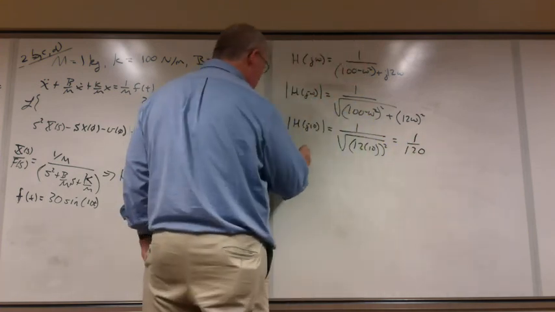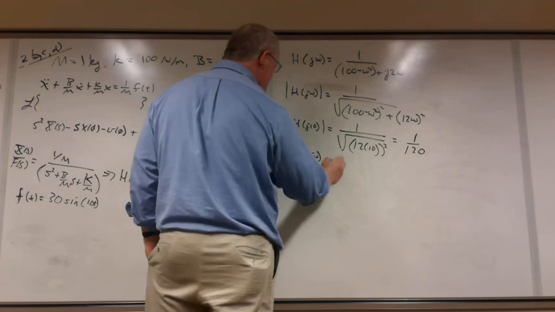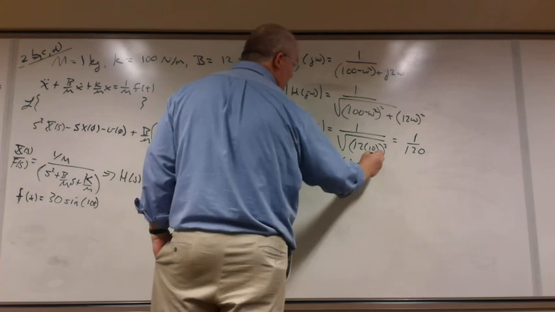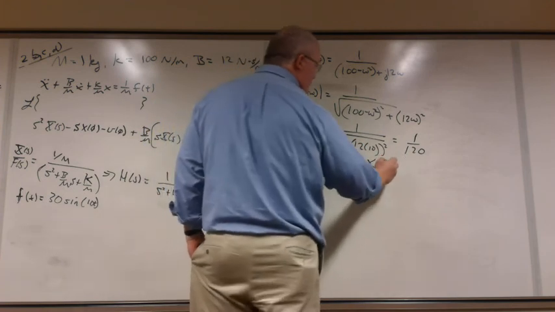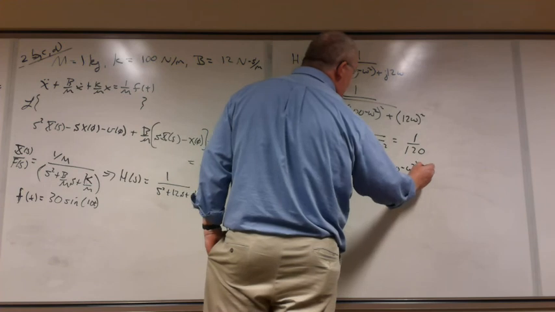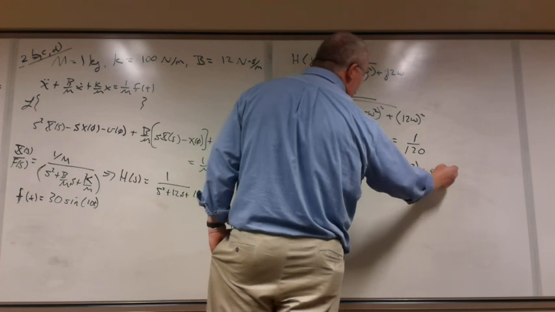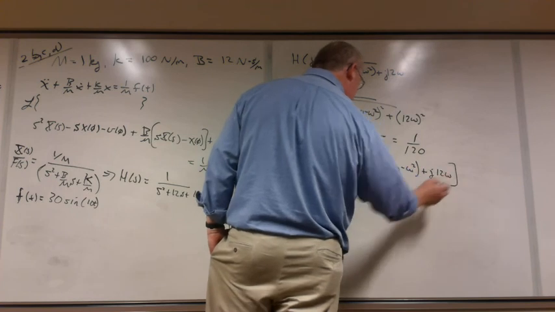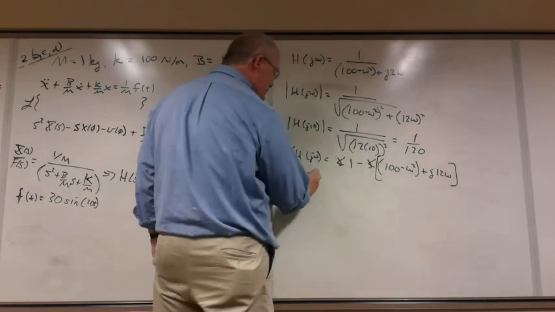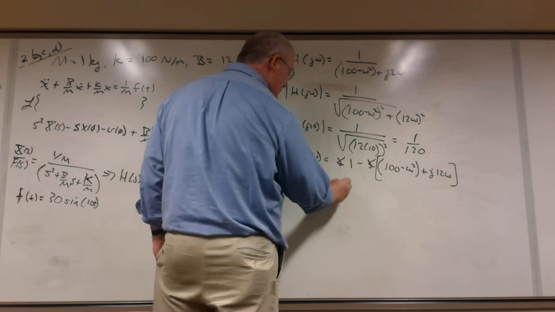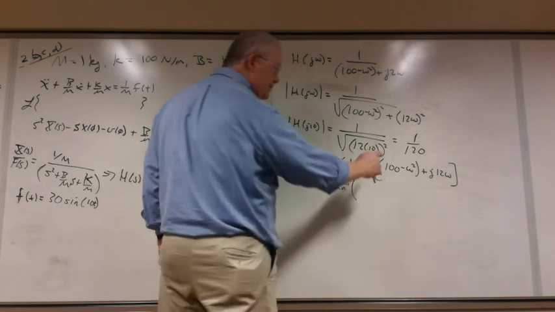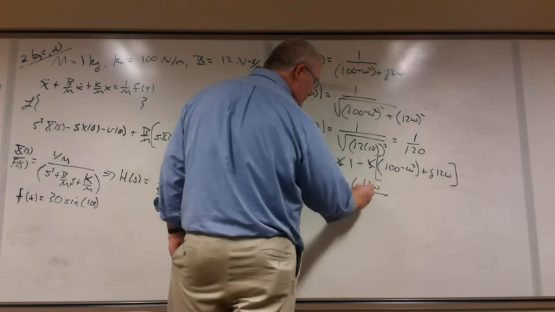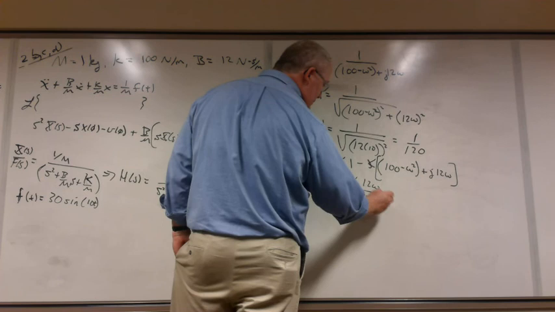The angle h of j omega is going to be equal to the angle of 1, that's the numerator, minus the angle of 100 minus omega squared plus j12 omega. Like that. Is equal to 0 degrees minus the inverse tangent of the imaginary part, which is 12 omega, divided by the real part, which is 100 minus omega squared.